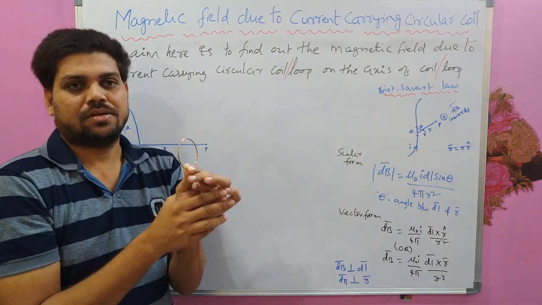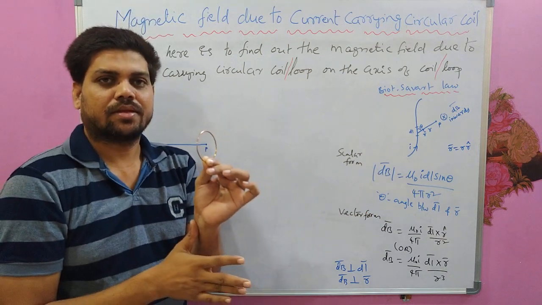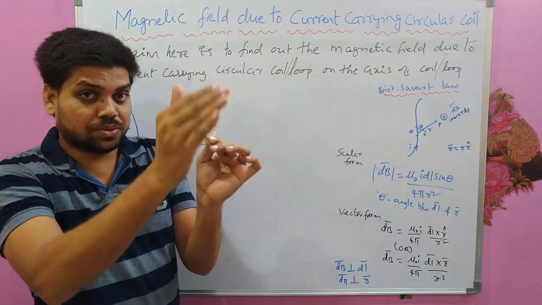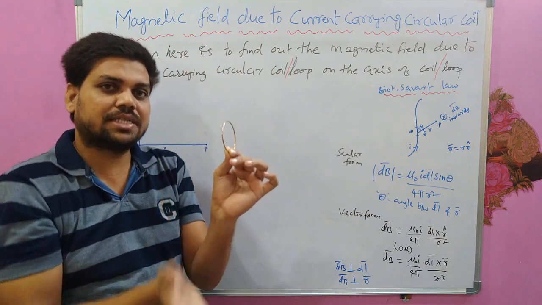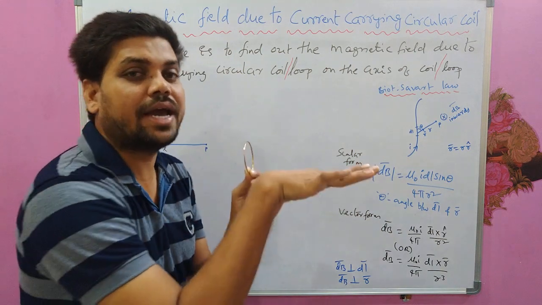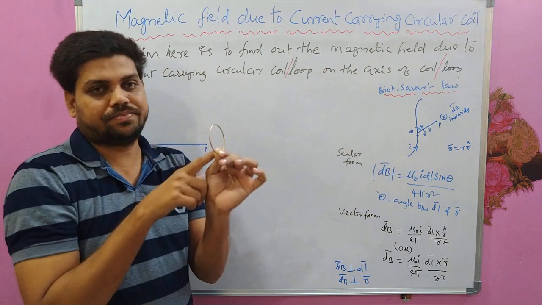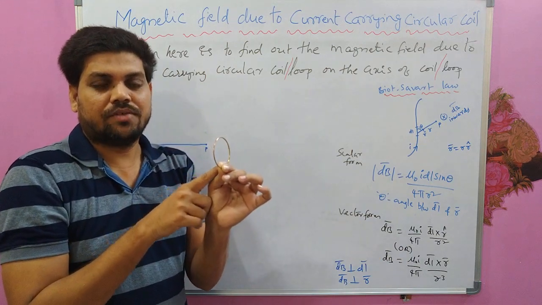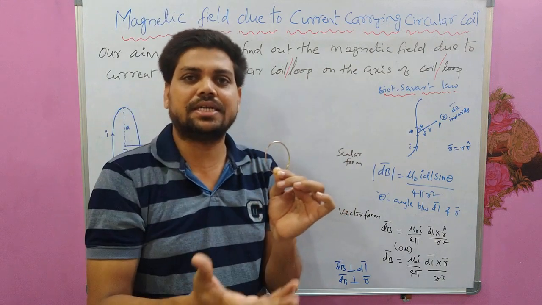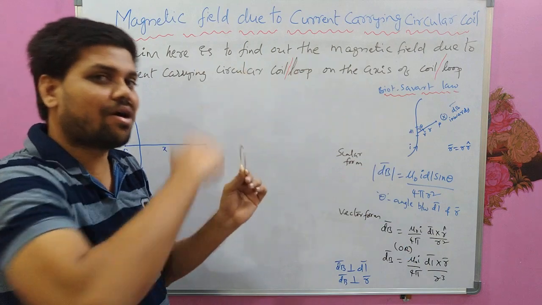And you have to be more careful while predicting the direction of this current, whether it is flowing through the coil in the clockwise direction or anti-clockwise direction, because the magnetic field direction will depend on the direction of the current. If your prediction of the current direction is wrong, then the magnetic field direction will go wrong.